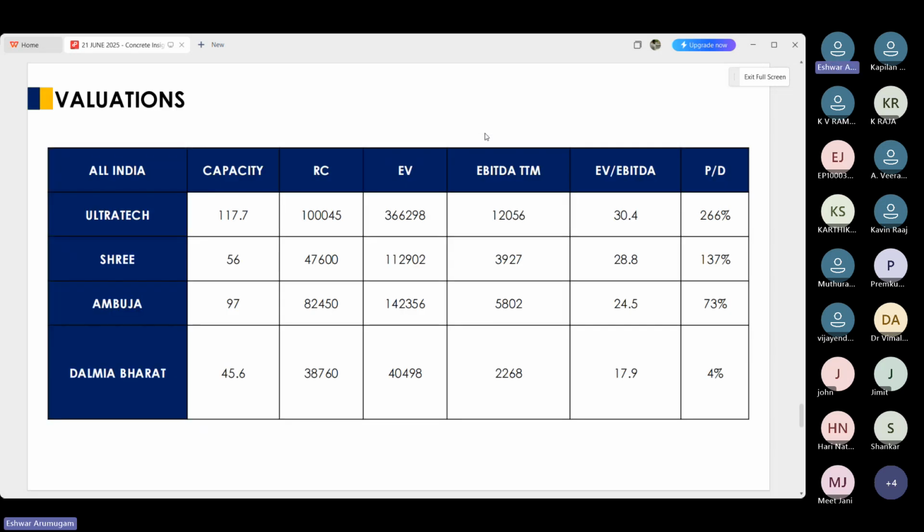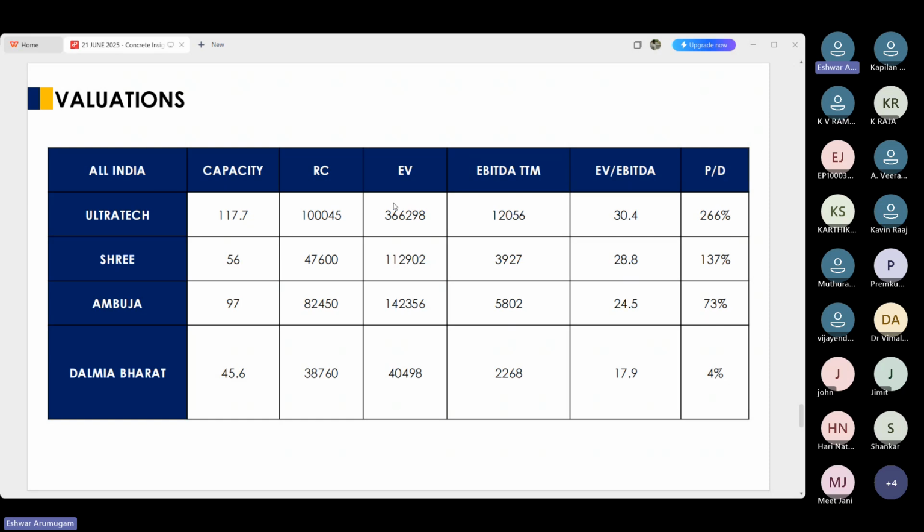So, the valuation of the cement companies. This is the internal exercise we did to value all the cement companies. Ultratech has a capacity of 117 million tons currently. If we take the replacement cost of 1 million ton to be 800 crores, the replacement cost of Ultratech comes to about 1 lakh crores.